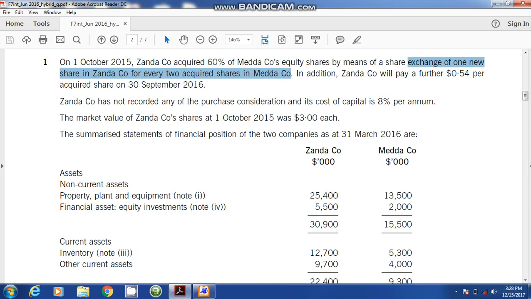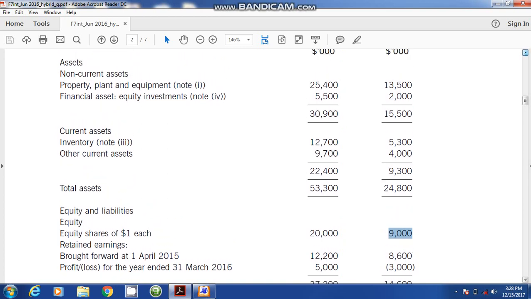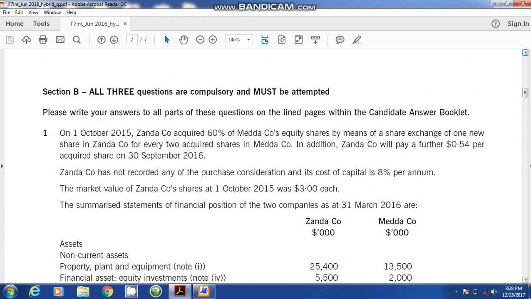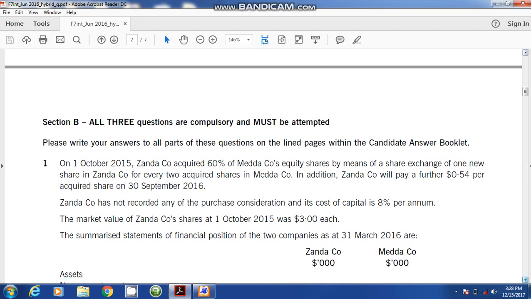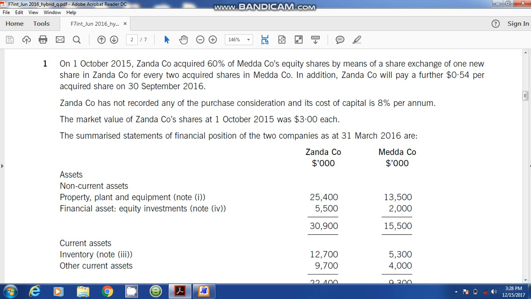It was a share exchange of 1 new share in Z for every 2 shares in M. M had 9,000 shares, of which we acquired 60%, in exchange for our shares, which are valued at $3 each.